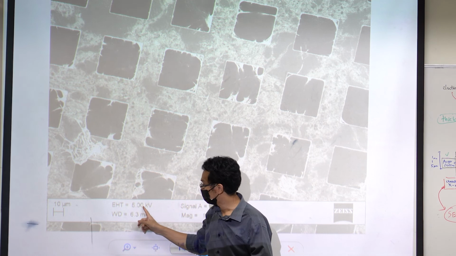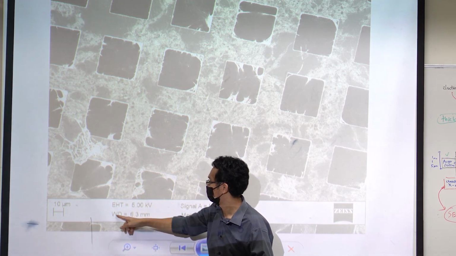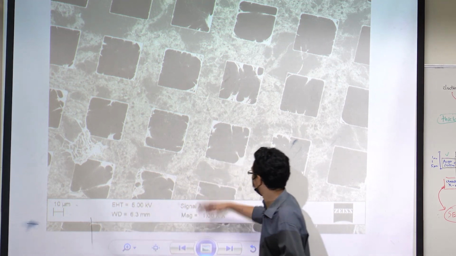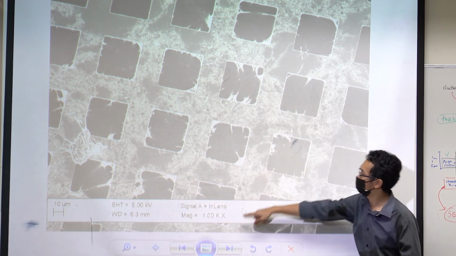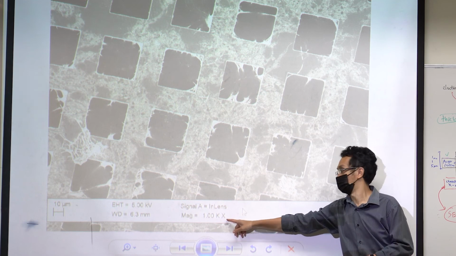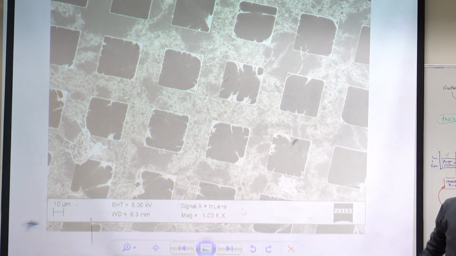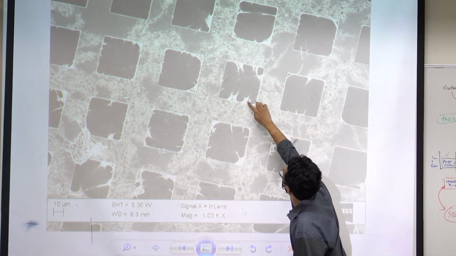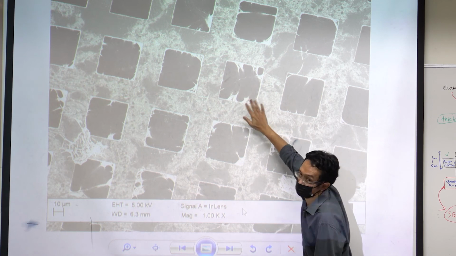And this is the working distance, no need to know. This is 1K, normally the maximum an optical microscope can go. So you get something like this. This is a copper grid. Inside here I put some fiber.